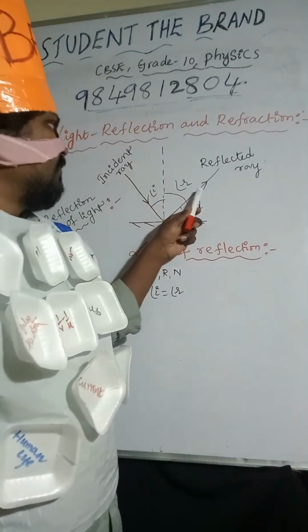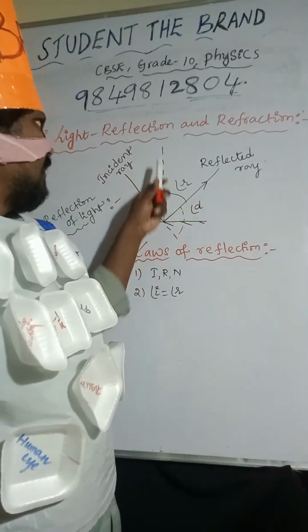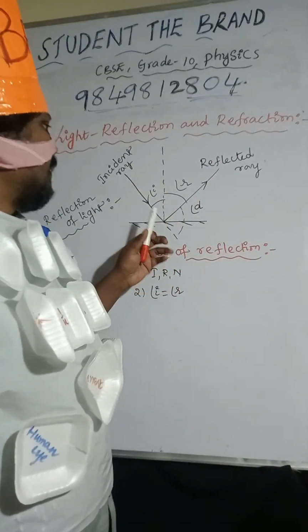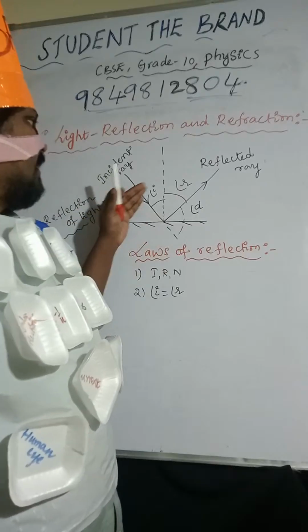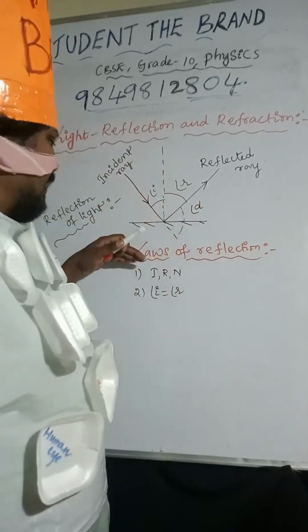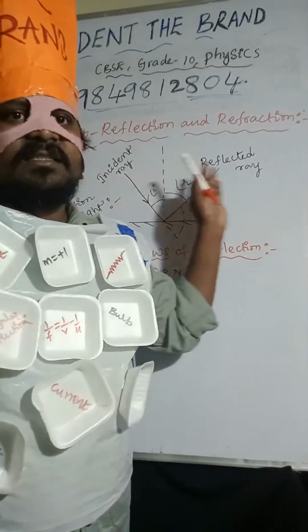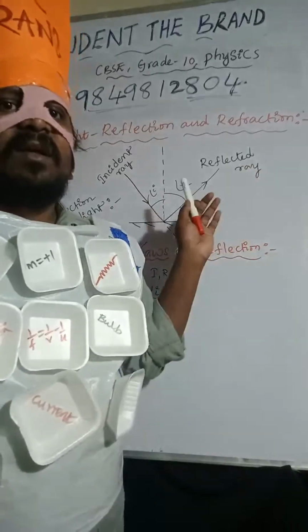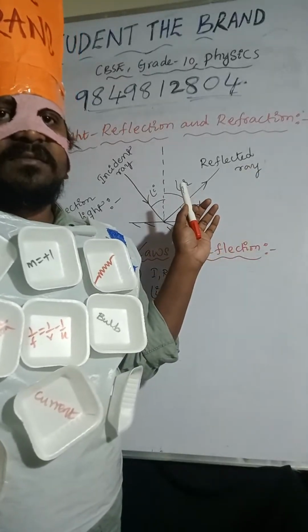The light ray which is reflecting back is called the reflected ray. The light ray which is perpendicular to the plane surface is called the normal line. The incident ray, reflected ray and normal line lie on the same plane, and the angle of incidence is equal to the angle of reflection.